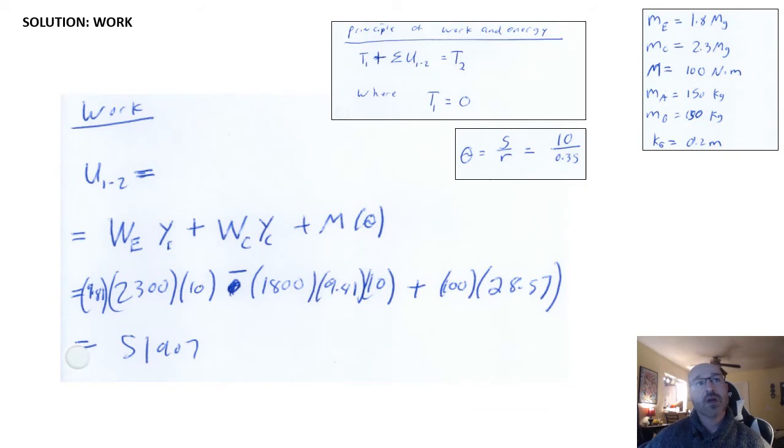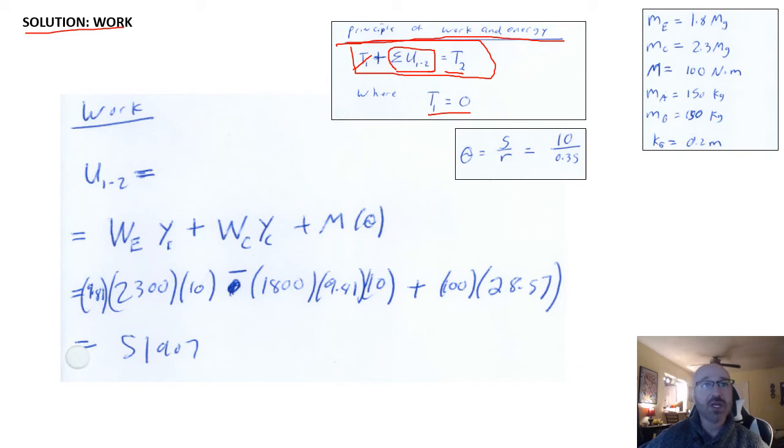So for the next part of our solution, we're going to take a look at work. If we recall our principle of work and energy from earlier in our solution, we had kinetic energy 1 plus the summation of our work from 1 to 2 is equal to T2, kinetic energy 2. Initially it starts from rest, so our T1 was equal to 0. Now what we're going to focus on is this portion right here, our work from 1 to 2. Work is going to be a force times a distance.